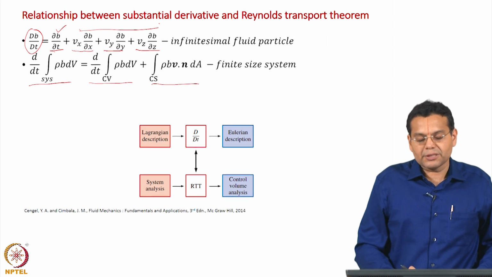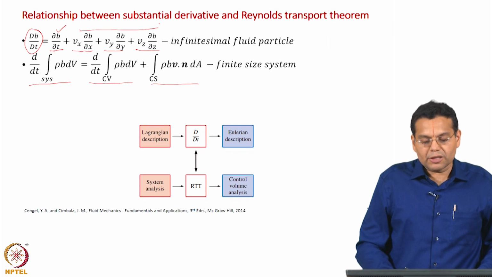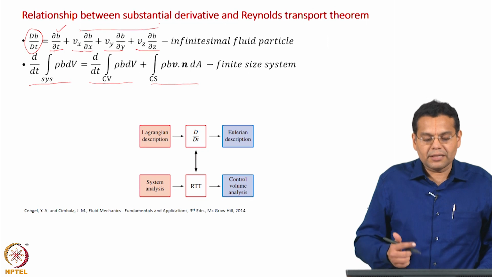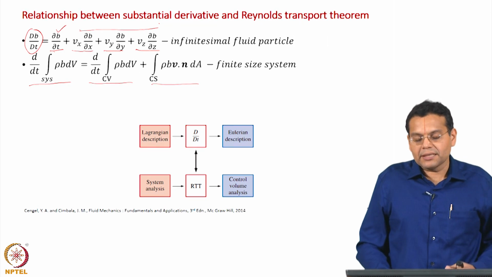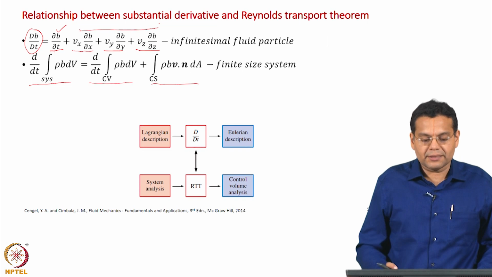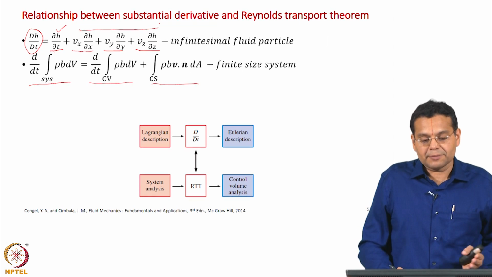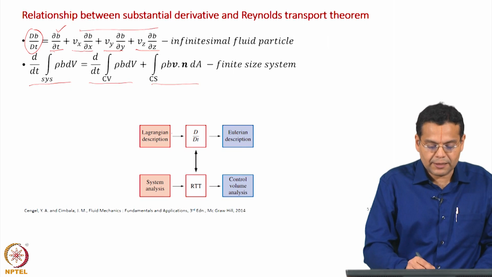The second contribution is from the convective component, and the two contributions on the right hand side are the Eulerian representations. So, as we discussed, substantial derivative expresses a Lagrangian derivative in terms of Eulerian representation. Left hand side we have Lagrangian description, right hand side we have Eulerian description, and that is what is shown here.